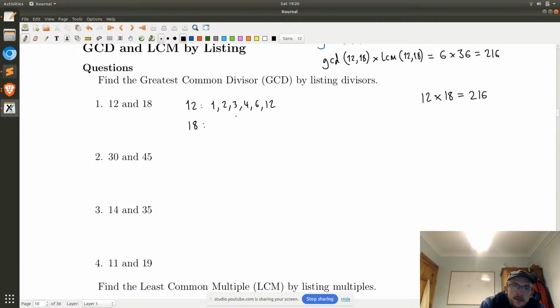For 18, we have 1, 2, 3, 6, 9, and 18. And therefore, the greatest common divisor of 12 and 18, as stated above, is 6. It's the greatest common element in these two lists.